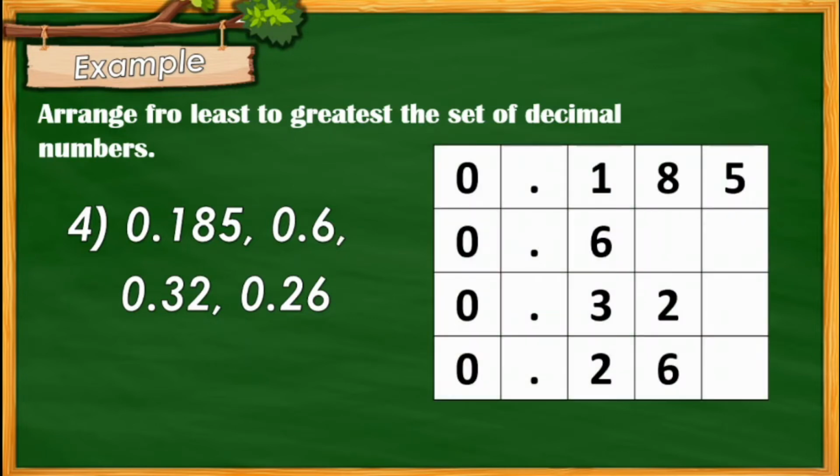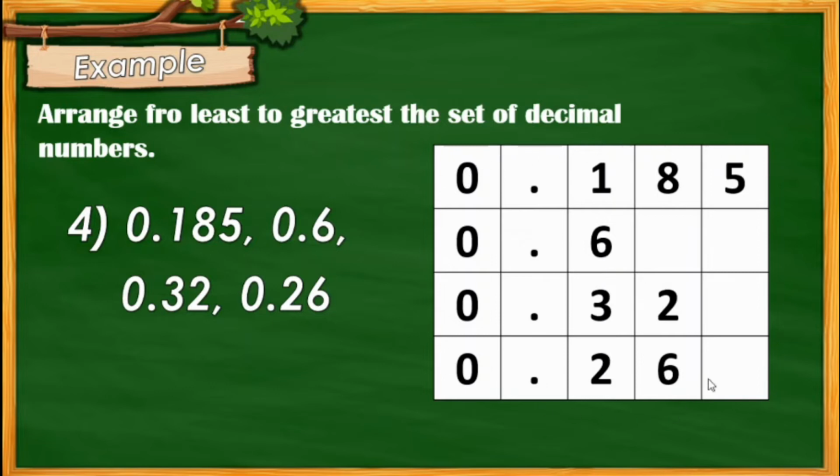If you already know the highest place value, you may not need the table. But if you're not familiar with the place value, I suggest using the table in arranging the decimals.